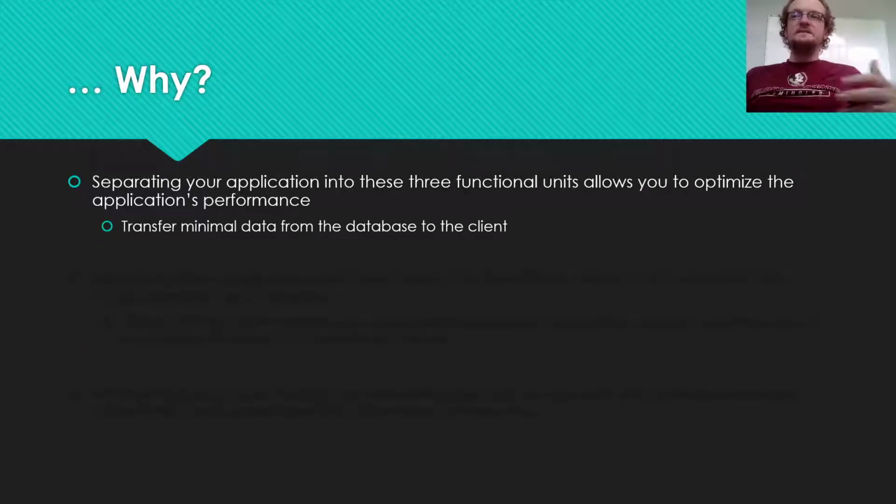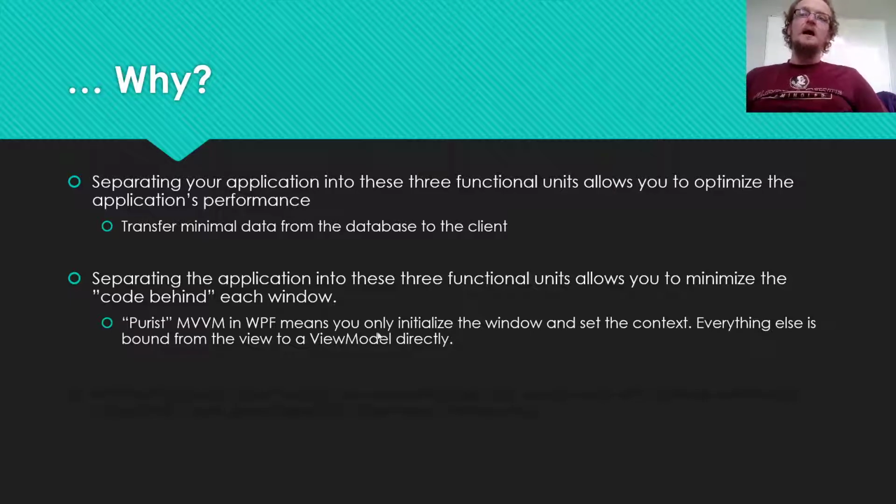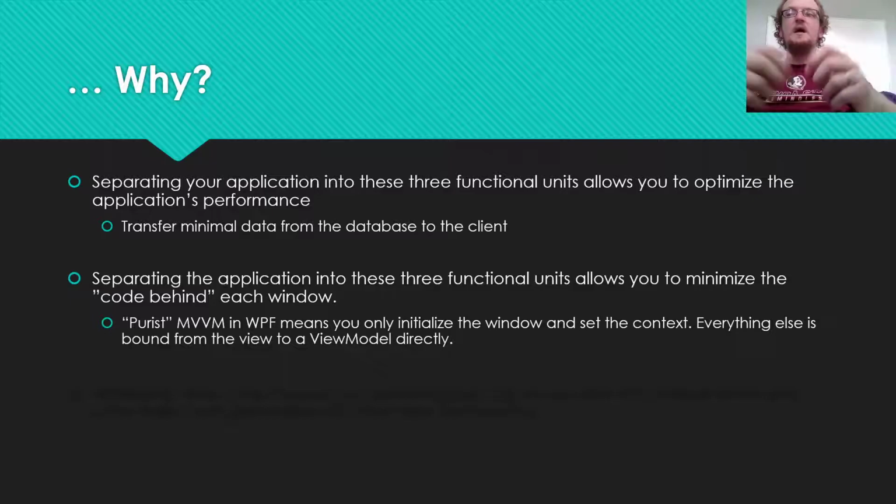So why does this matter? Well, we've talked a little bit about minimizing the data to transfer from the database to the client, but it actually is also more important to pull all of the behavior away from the UI as much as possible. In fact, if you look at the purest definition of what MVVM is, specifically for WPF, they only want you to have 2 lines of code in each of your code-behind CS files for a window.